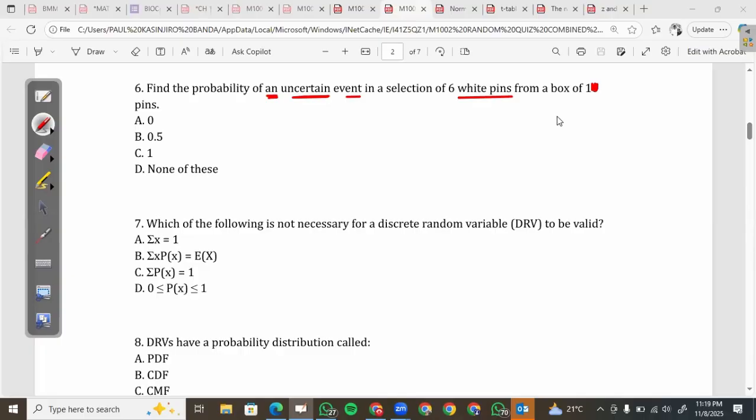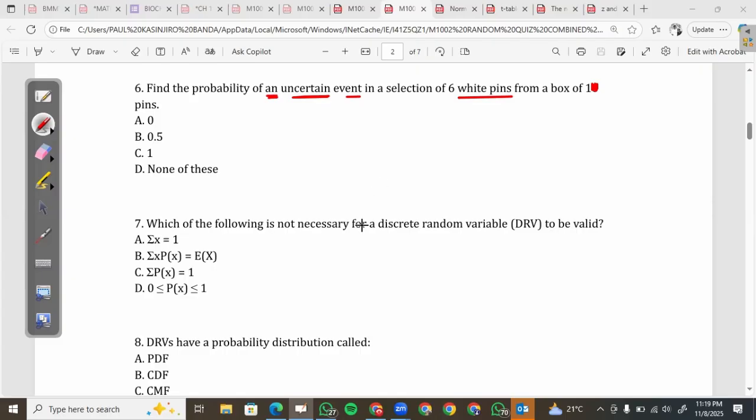So in a selection of 6 white pins from a box of 1 pin, I made a mistake and wrote 10 pins. What would be the probability of selecting 6 white pins from a box that has 1 pin?